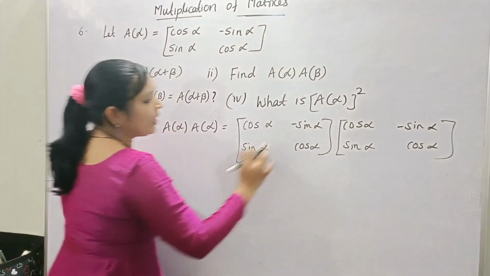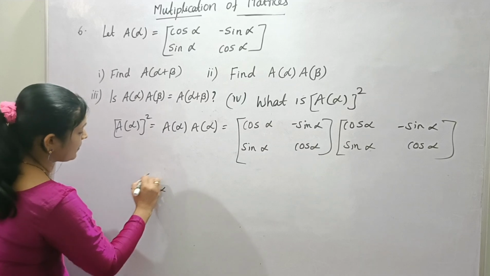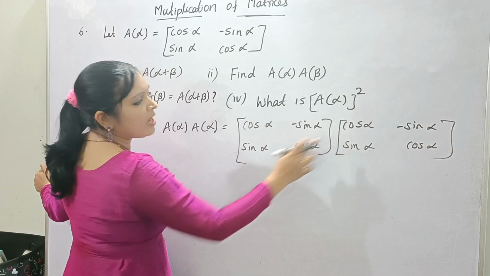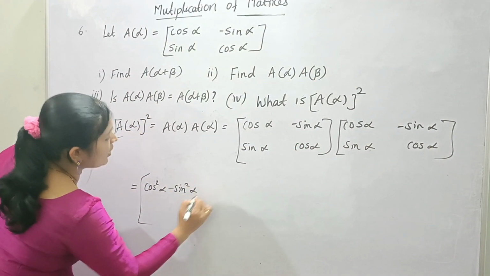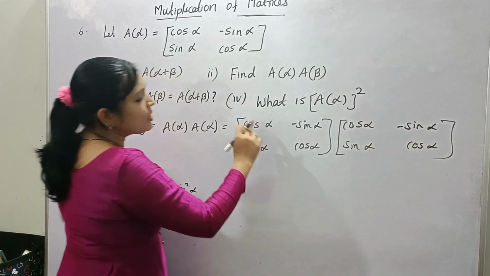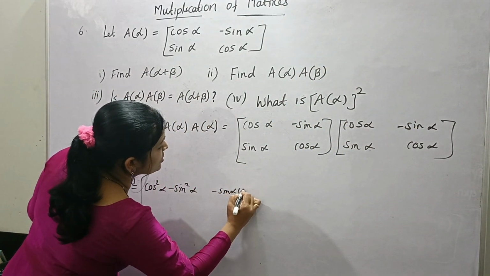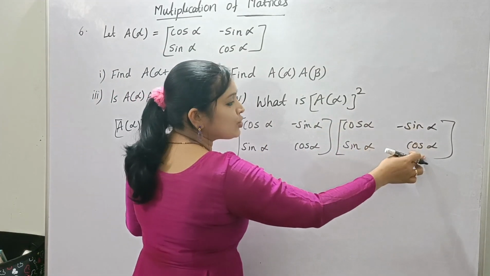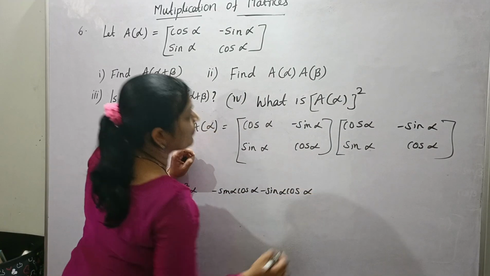First row with first column: cos alpha into cos alpha, cos square alpha, okay, plus minus sin alpha into sin alpha, minus sin square alpha. Next, first row multiply with the second column. So cos alpha into minus sin alpha, minus sin alpha cos alpha, plus minus sin alpha into cos alpha, so minus sin alpha into cos alpha.